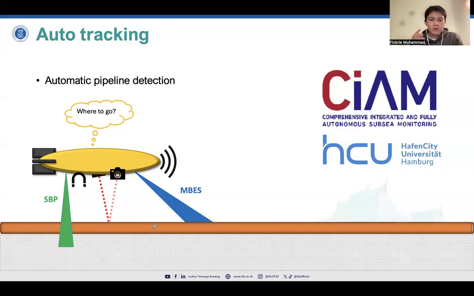First, we can use the electronic nautical chart that tells where the AUV should go, like for offshore surveying or bathymetric surveying, where we plan the line. But the AUV also has to follow the real pipe underwater by integrating sensors like cameras, magnetometers, bottom profilers, or acoustics like MBES and forward-looking sonar. In the end, using all these measurements, the system is told where the AUV should go.